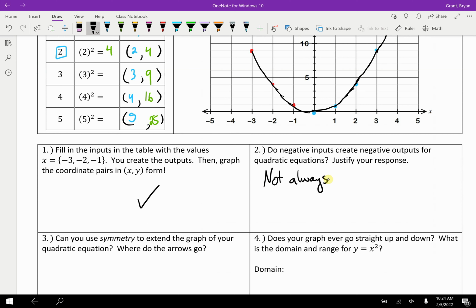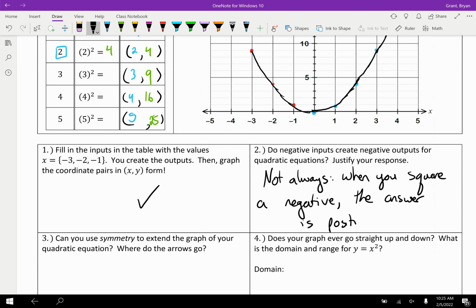There are no negatives. And the reason why is when you square a negative, what happens when you multiply a negative times itself? Oh, that's right. The answer is positive. Now, it seems like this would always be the case, right?